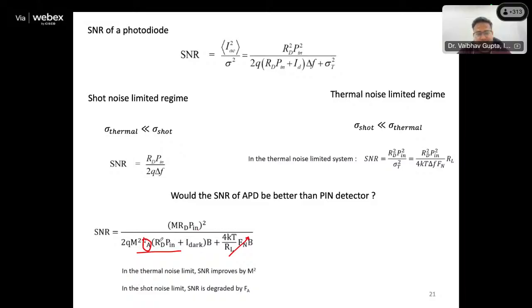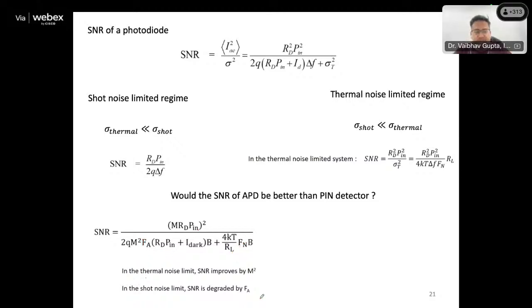It will not get enhanced, right? So in a thermal noise limited system, the same APD gives you an advantage by giving you more SNR. But as compared to PIN, if you use the APD in a shot noise limited system, that is degrading your SNR. So it depends on which regime you want to use your APD in, right?